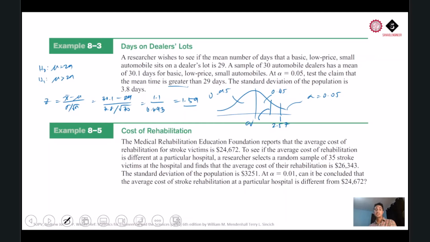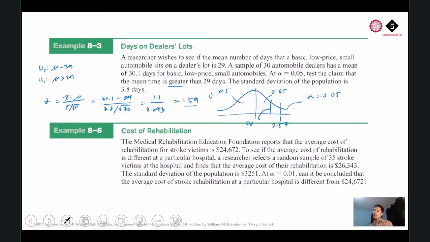The standard deviation of the population is 3,251. At a significance level of 1%, can it be concluded that the average cost of stroke rehabilitation at a particular hospital is different from the population mean of 24,672?